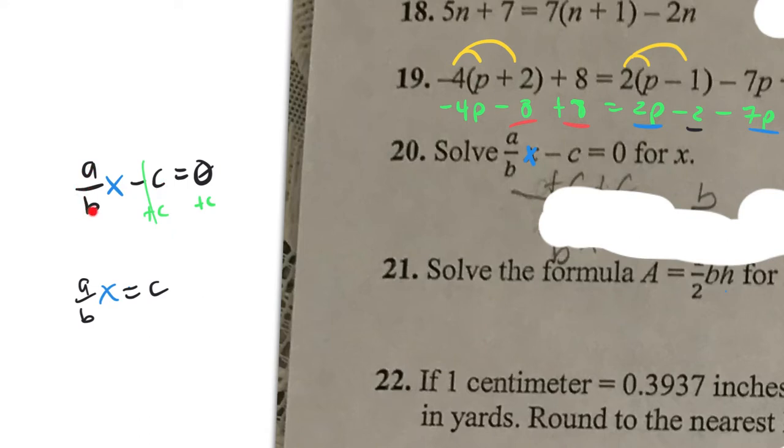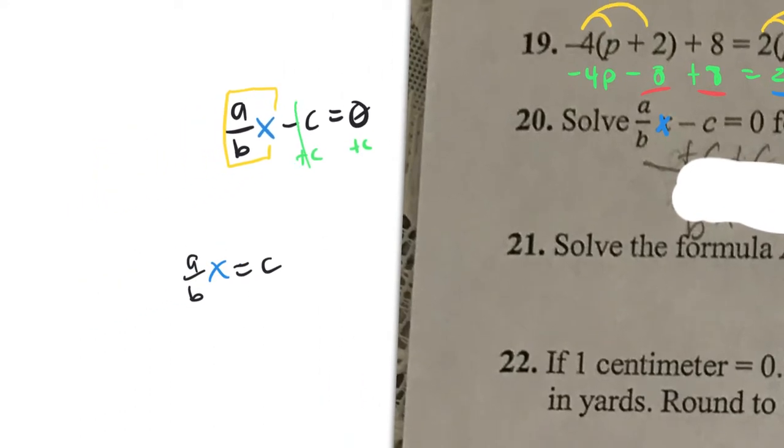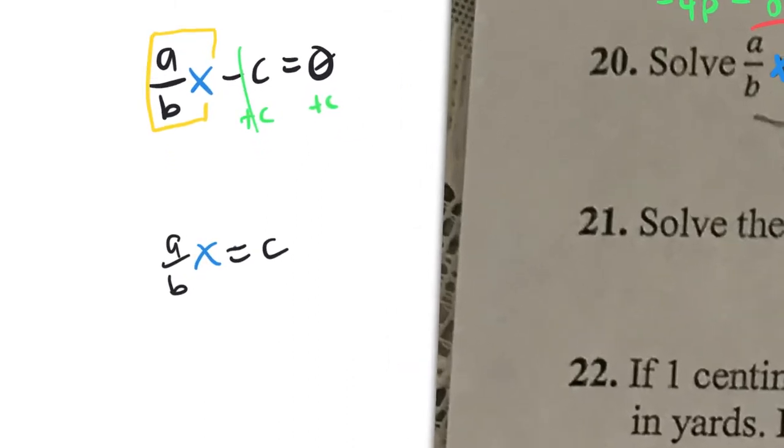I didn't do anything with the a over b, and the reason is because in order to get the blue x by itself, I at least want to get this term by itself. I want to get this whole thing by itself, and we just did that. So that puts us in this position here, and my student is pretty good at this next part, I noticed. At this point, we could get the blue x by itself by multiplying by the reciprocal of this fractional coefficient.